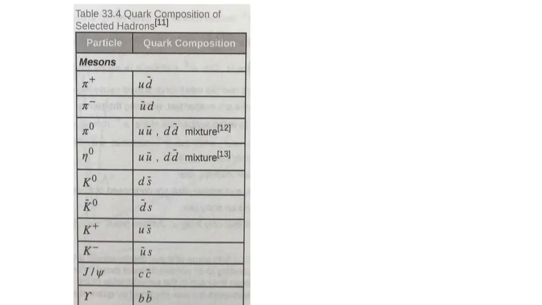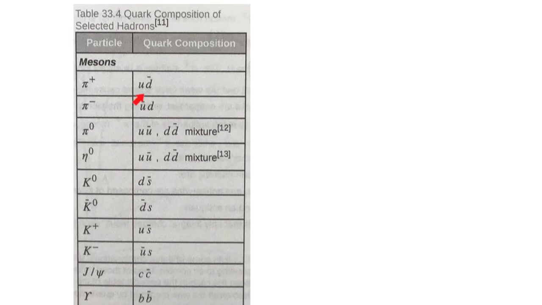When it comes to mesons, we worked explicitly with the pi plus and the pi minus and the pi zero, also referred to as pions. We also referred to the K0, the K plus, the K negative, also known as kaons, but there are other mesons as well, as you can see in this table, and this is not a complete table of all the mesons available.